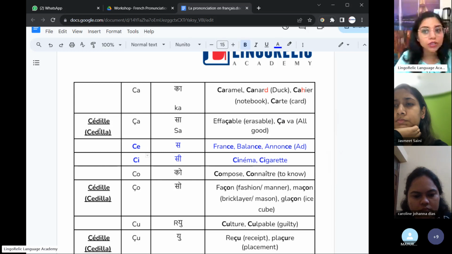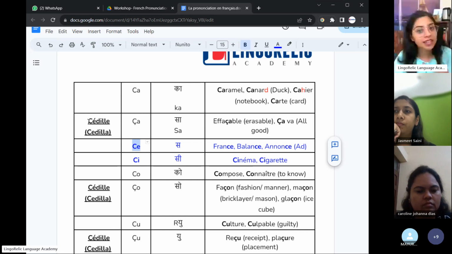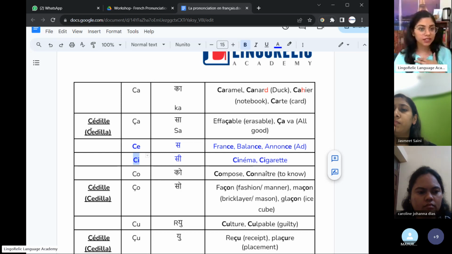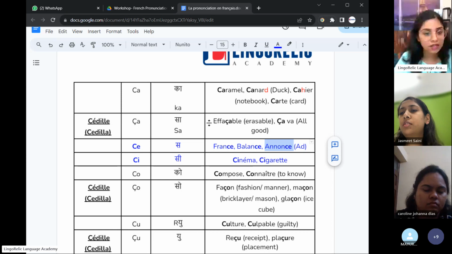Then you have "ce" and "ci". Please note I've put these in blue separately because these two don't have a cédille form, since "ce" in itself is S and "ci" in itself is S. You don't need to put any accent. This is a rule in French. I did not decide it; it's the way it is fixed. Likewise, France, balance, annonce.